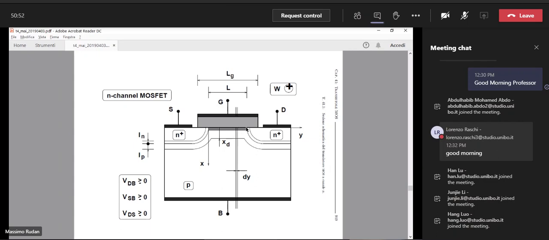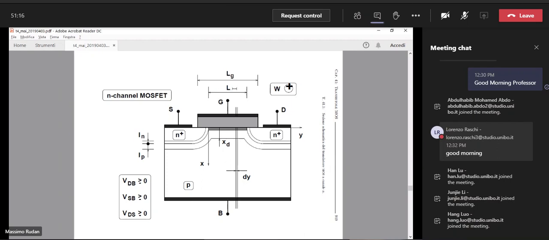On the other side, we have another point in which the drain junction here intercepts the interface, okay? So the distance between this point and the origin is marked with L. L is the channel length.